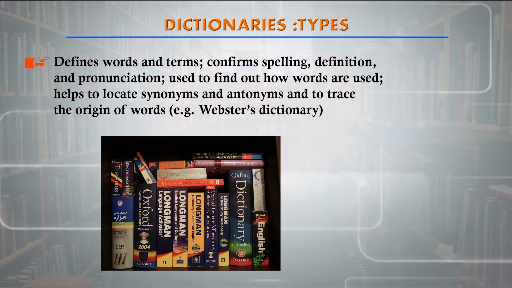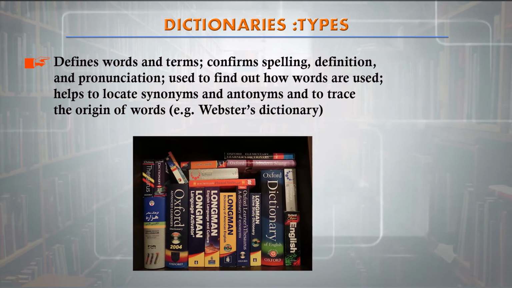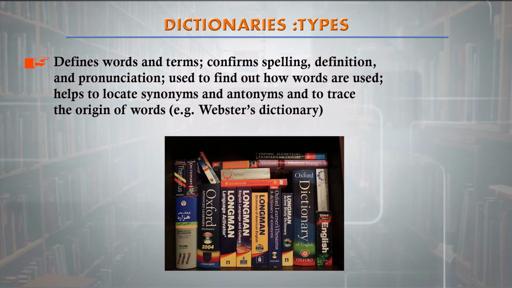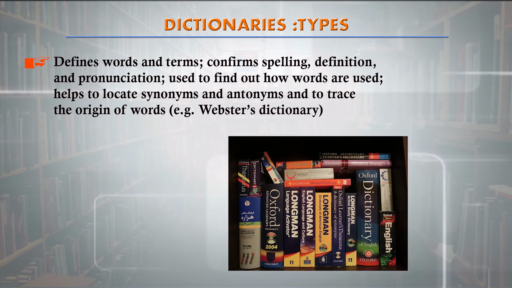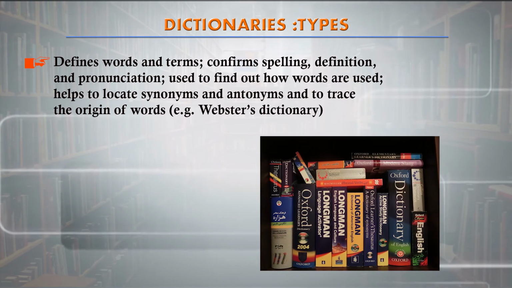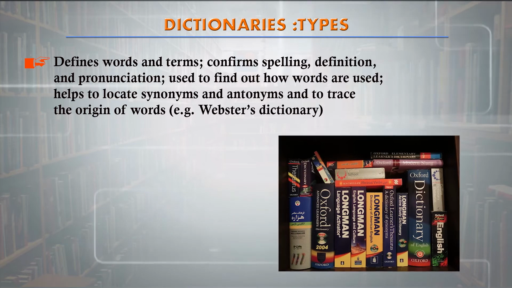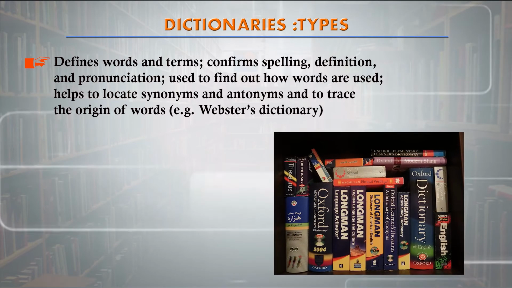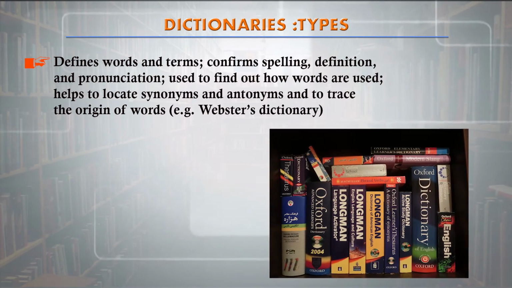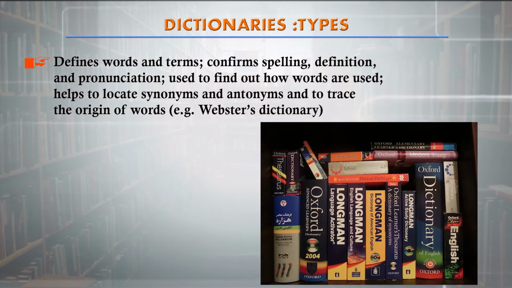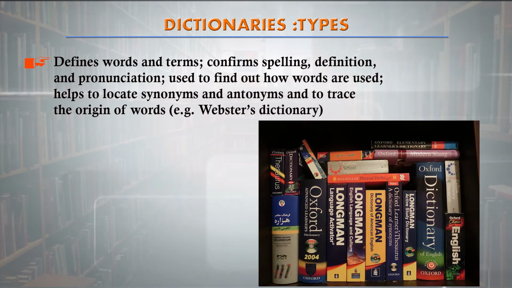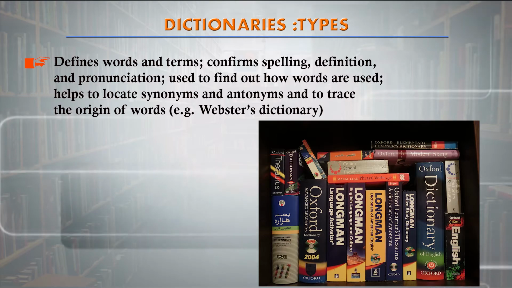We know these dictionaries define words and terms, they confirm spellings, they give definitions of terms, they give pronunciation, and they are used to find out how words are used. They also help us in locating synonyms and antonyms and to trace the origin of words.